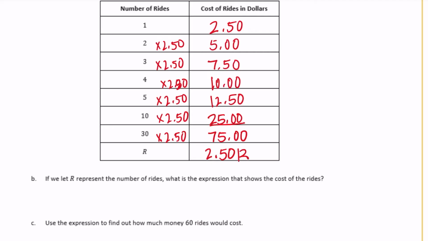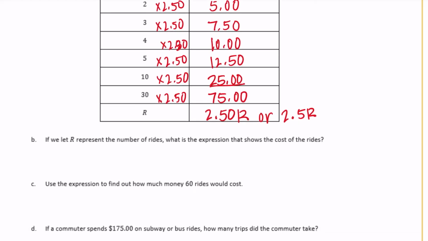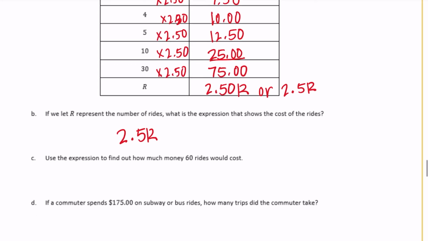So 250 times R. Or if you want to simplify it, you could just leave it 2 5/10 R. If we let R represent the number of rides, what is the expression that shows the cost of rides? So just what we'd written before, 2.5 times R. Use the expression to find out how much money 60 rides would cost.